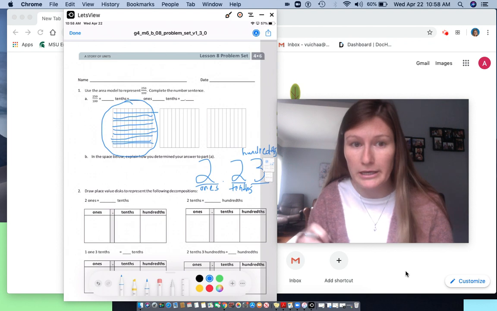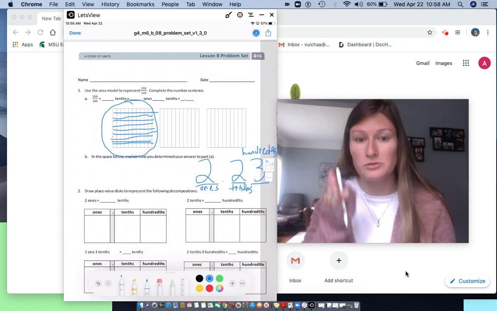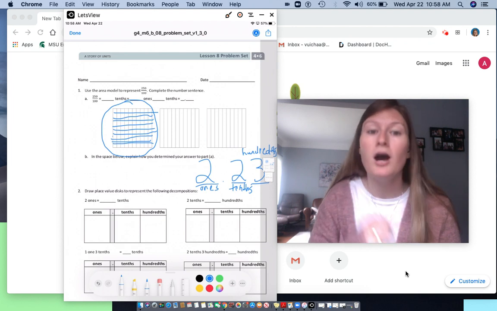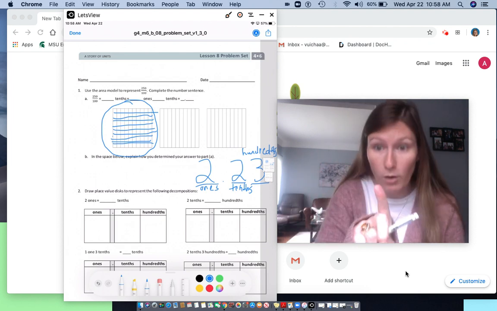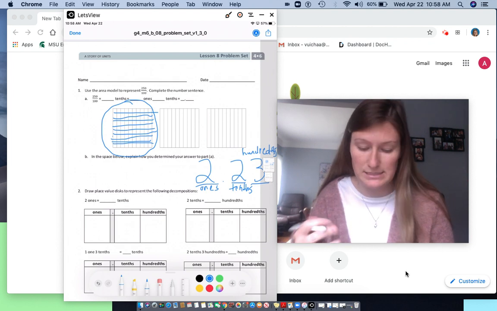So actually 100 hundredths make 1. So 10 tenths make 1, 100 hundredths make 1.